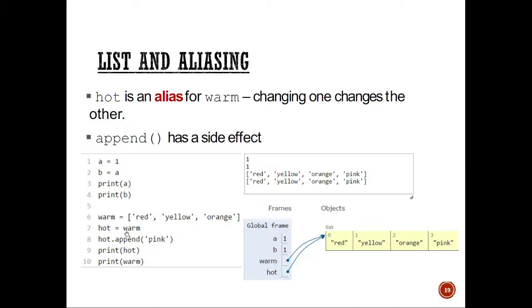This is because hot and warm point to the same location. So when we're changing that memory location, both these pointers will point to that new location with the modified list. So the append operator has a side effect that we need to pay attention to.